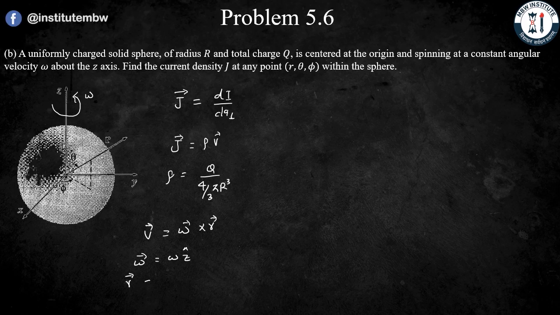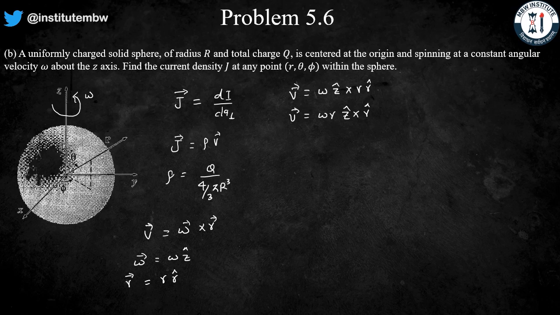And r vector is r r cap, and r is the magnitude of this vector. So if we write v vector is equal to omega z cap cross r r cap, so v vector is equal to omega r z cap cross r cap.